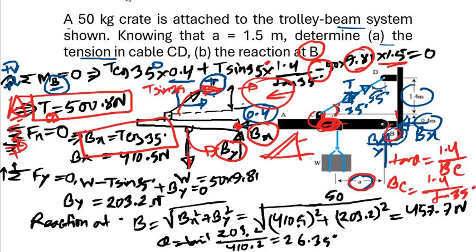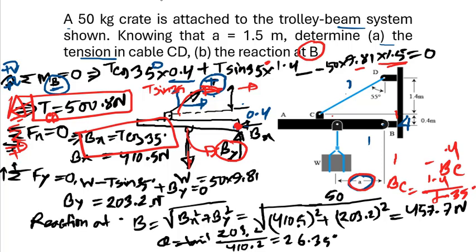Okay, this one is positive, and if we consider this one negative, but both are in equilibrium condition, so they are equal. That's why we can write Bx equal to T cos 35, and then we get the Bx value.